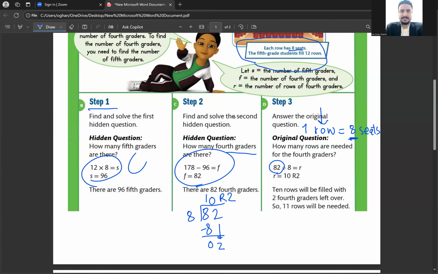Then I got 10 remainder 2. That remainder 2 means 2 students that don't have a place to sit, and 10 means 10 rows.